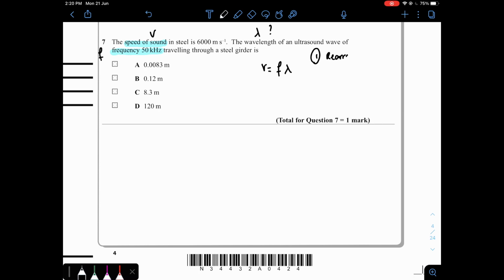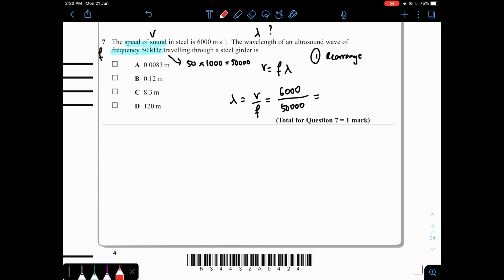So always rearrange first. That would be lambda equals V over F. So that will be 6,000 divided by 50k. Now 50k is the same thing as 50 times 1,000, so that is 50,000 hertz.